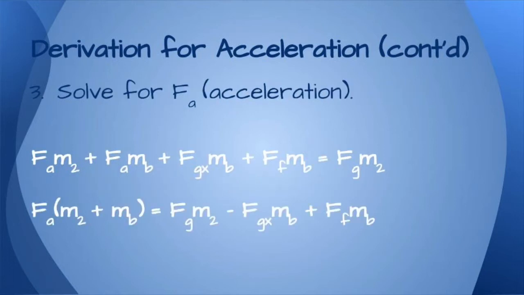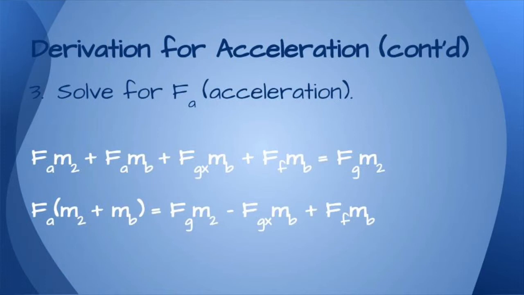We can now continue to set the combined equation in terms of acceleration. Here we have the force due to acceleration times the second mass, plus the force due to acceleration times the mass of both objects, plus the x direction of the force of gravity times the mass of both objects, plus the force of friction times the mass of both objects, and all of that is equal to the force of gravity times the second mass.